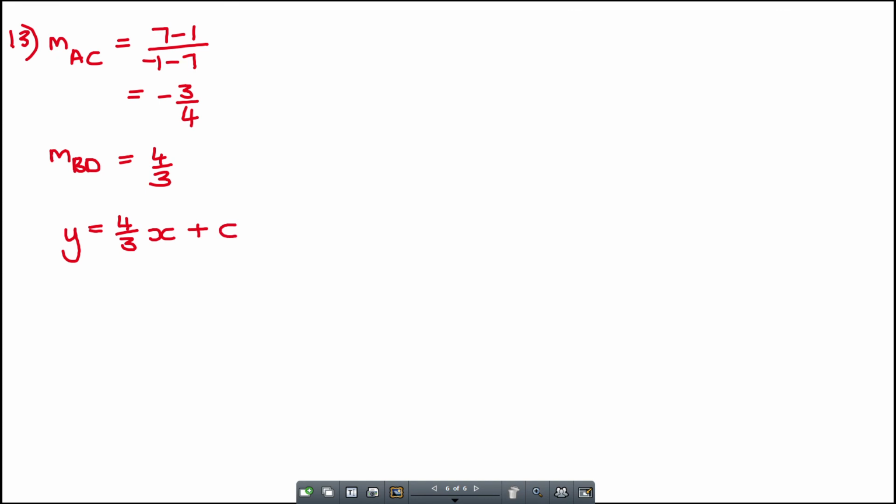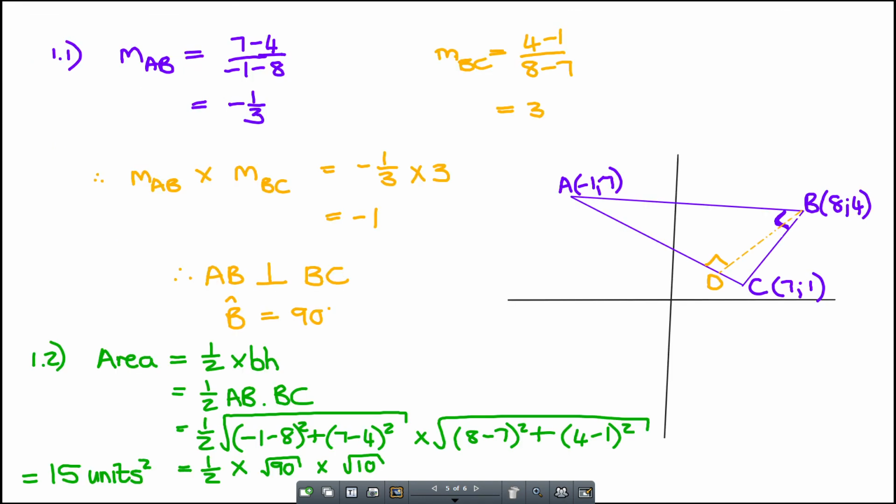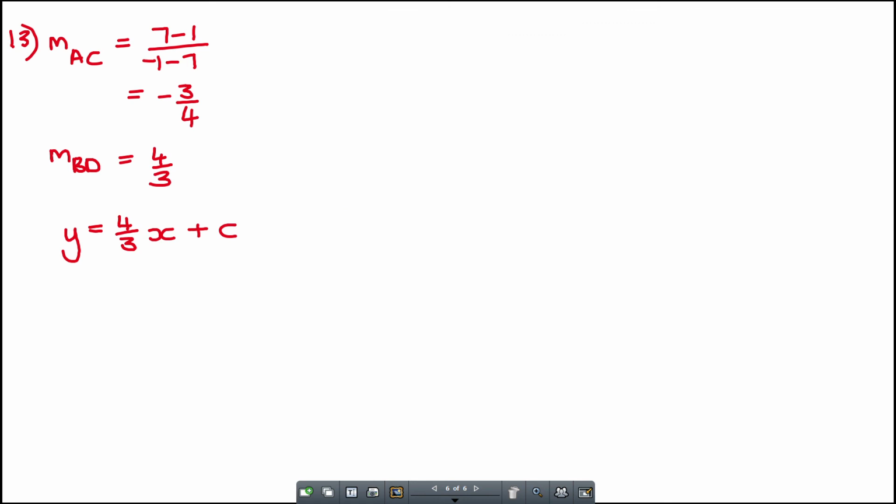Are you still right? Remember they ask me for the equation of that altitude. So they want the equation of that straight line, right? Okay, so I've got my gradient. I now need c. What can I do here? Substitute in any point on that line. But the only point that we've got is B. There it is. So now I'm going to substitute in that x is 8 and y is 4.